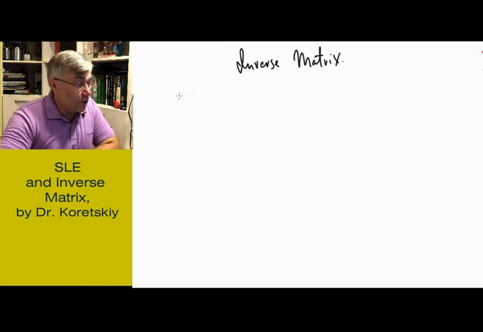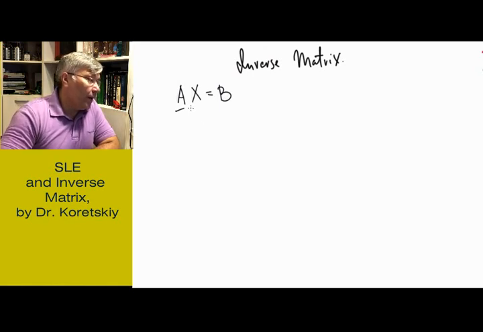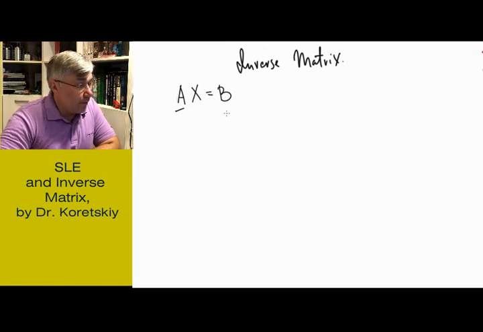A is the matrix of coefficients, X is the matrix of unknown variables, the x's, and B is the so-called free factor matrix. It consists of some numbers or maybe some expressions or functions.